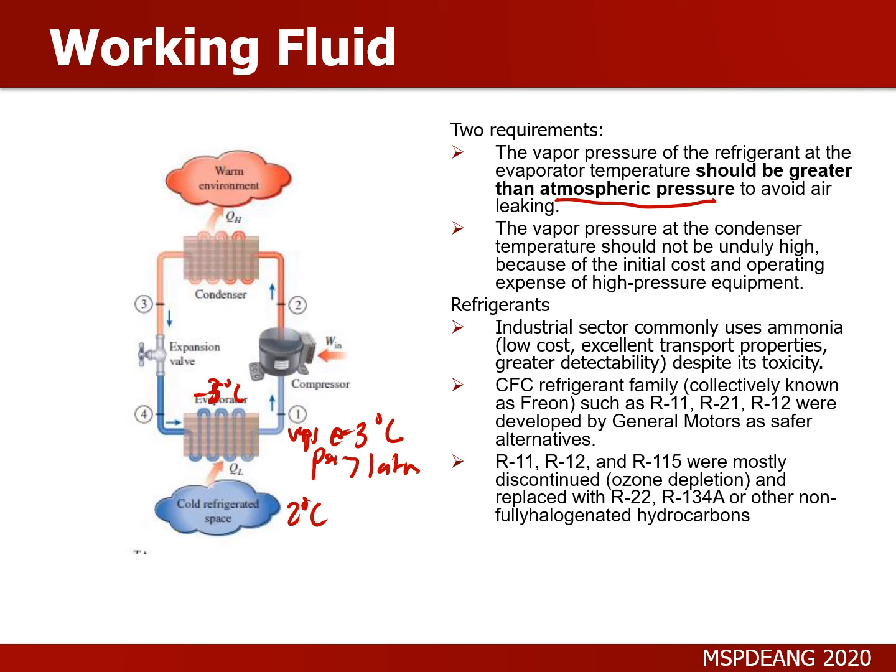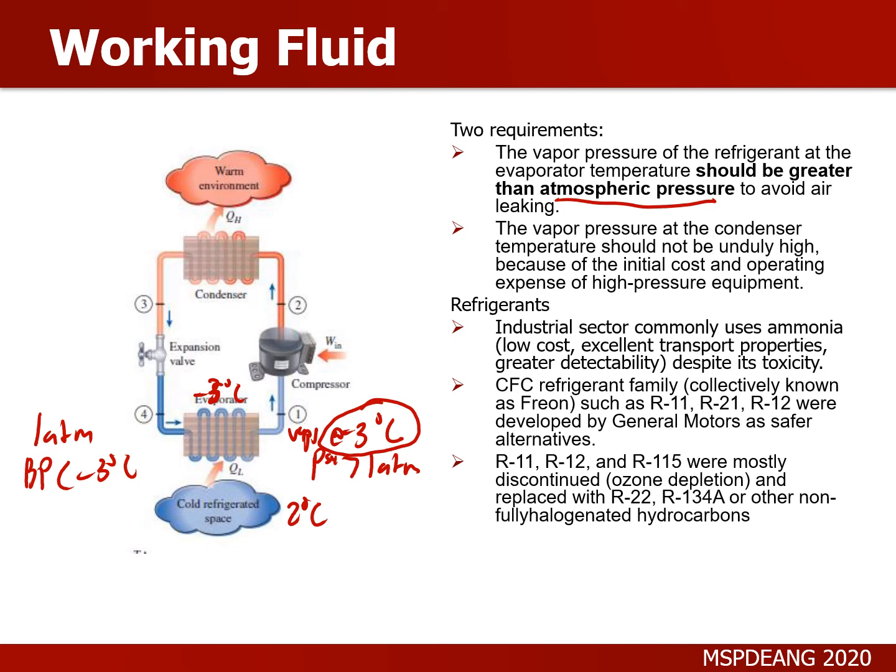So with this, you now have to select a fluid na at negative 3 degrees Celsius ang vapor pressure niya is greater than 1 atm or close to 1 atm. Or at 1 atm, ang boiling point should be negative 3 degrees Celsius or less than this particular value. Okay? So this is one important factor that you have to consider when you're selecting the appropriate refrigerant for whatever cold space that you want.